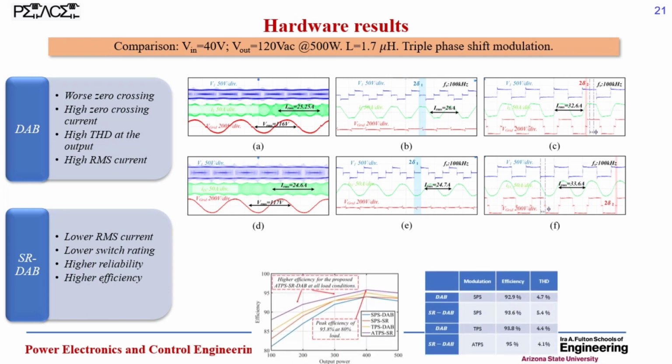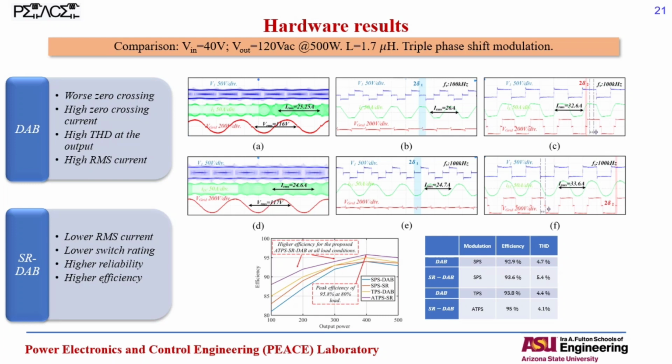You can see how the THD performance is ameliorated, where we have achieved a THD of 4.1%, which is less than the one we had in the conventional DAB. Also, the efficiency of the system at the rated load is around 1.2% better than the conventional DAB with the triple phase shift modulation.